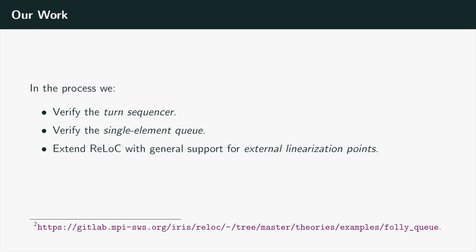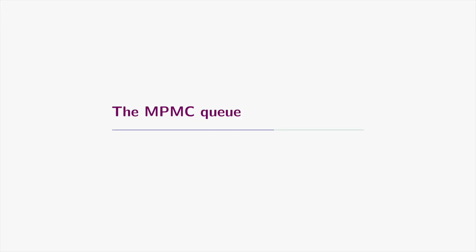And these extensions are general. And in the paper, we give a proof pattern that applies to all data structures with external linearization points. Everything is fully formalized in Coq, and the extensions to ReLoC have been upstreamed such that they're available to all ReLoC users.